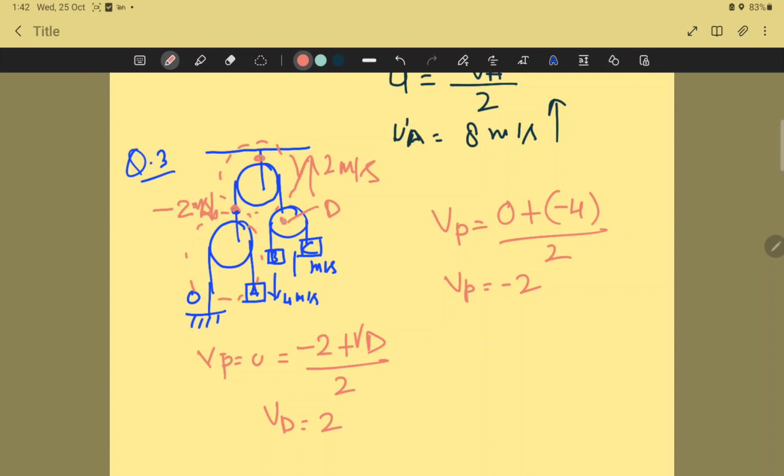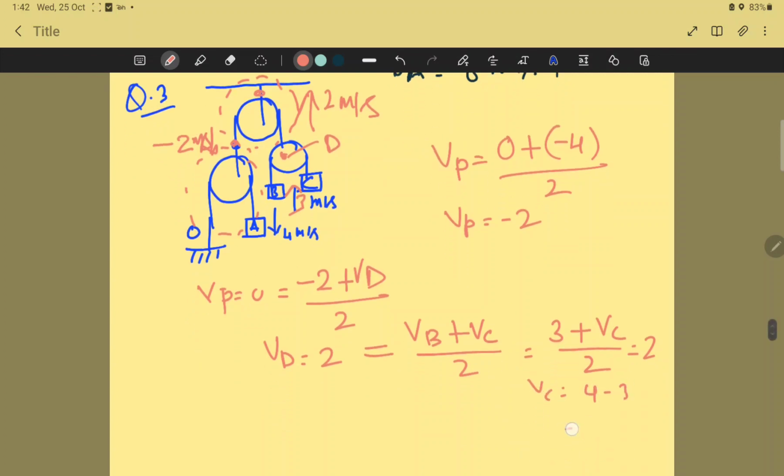Now again solve for VD is equal to VB plus VC divided by 2. VD is given as 2. VB is given as 3, upward direction. So 3 plus VC, which we are supposed to calculate, divided by 2. So that is given as 2, so VC is 4 minus 3, that is 1 meter per second in the upward direction.